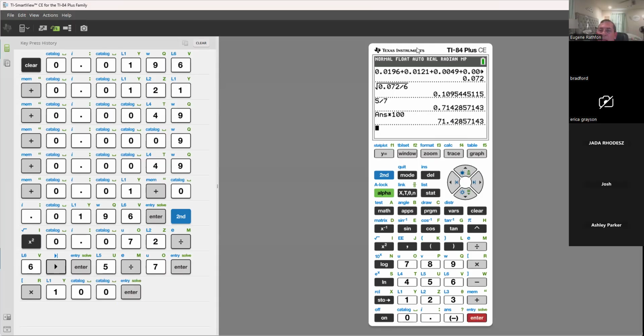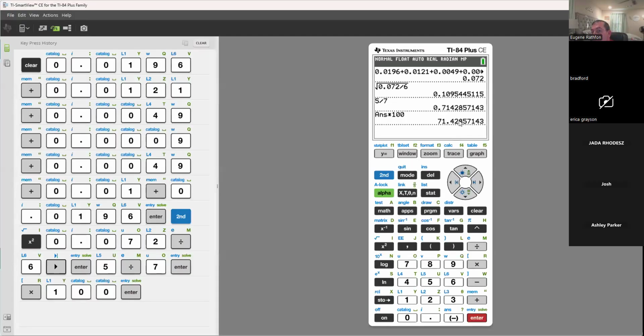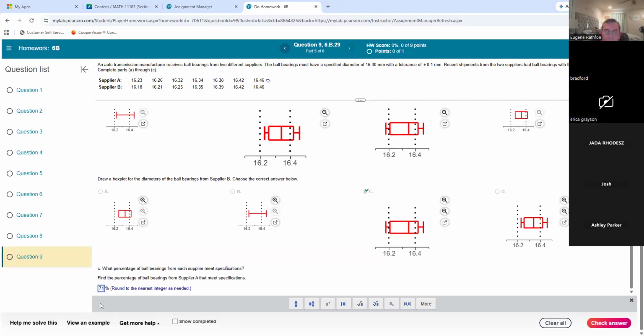So, y'all, let's go see how far they want us to round this. Round to the nearest integer. That means no decimal places. Since that's a 0.4, I would not round that up, and I would keep that 71. So that would be 71% for the first one.